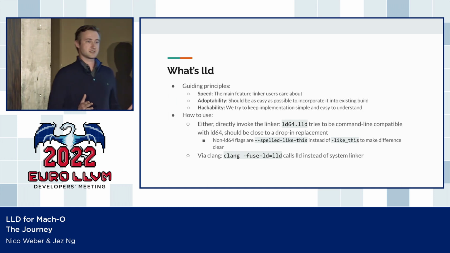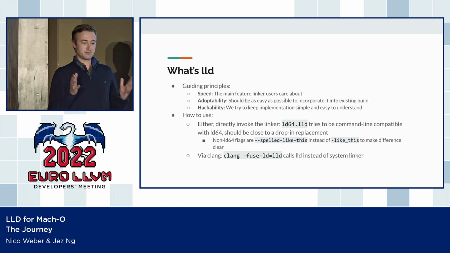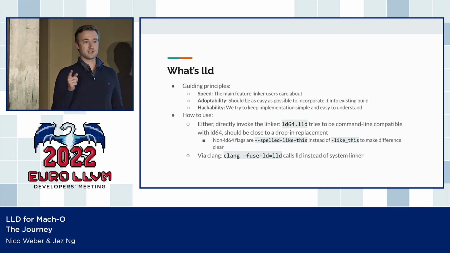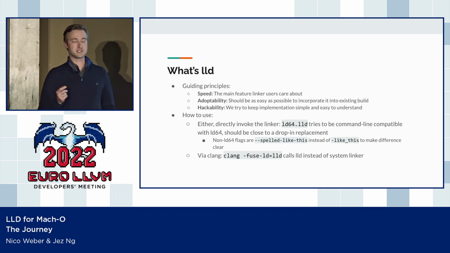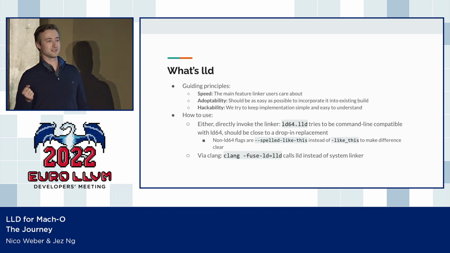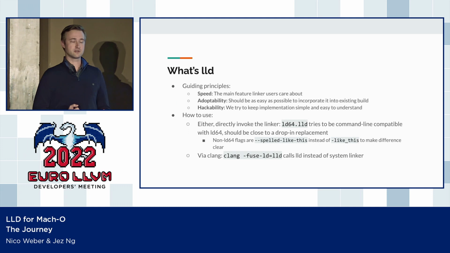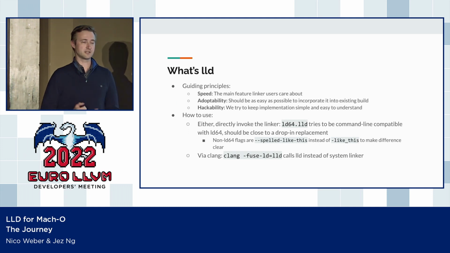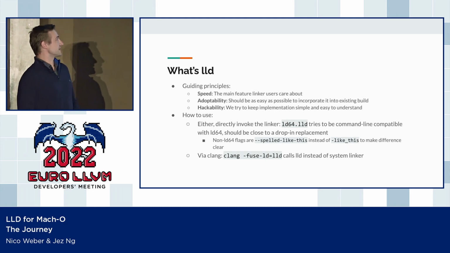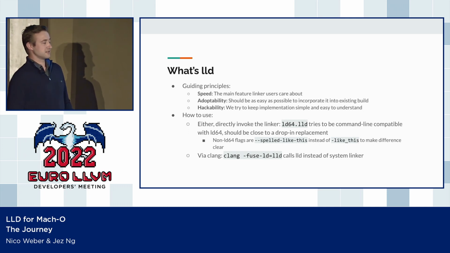Each of the ports has a command line. So LD is a binary, and then you have a symlink ld-link that points to it, and symlinks ld64.lld and ld.lld. And depending on which symlink you call the binary through, it's command line compatible either with link.exe, the Visual Studio linker, or with BFD-LD, the normal ELF linker, or in our case with LD64, which is the Apple linker.